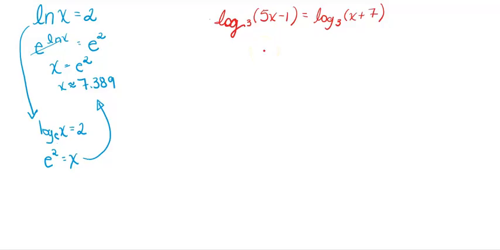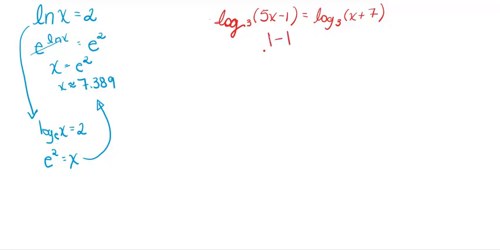Okay, so now let's look at this red equation. I'm going to give you a second. I want you to see if you can see initially what to do. All right, if you look at it, you see that both of these sides have the same base. They have log base 3 of some value on both sides of the equation. That means I can use the one-to-one property.